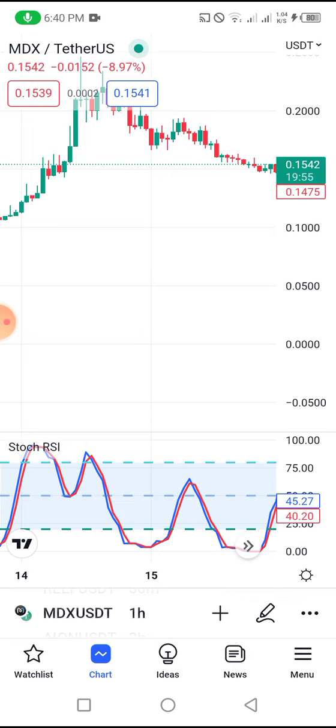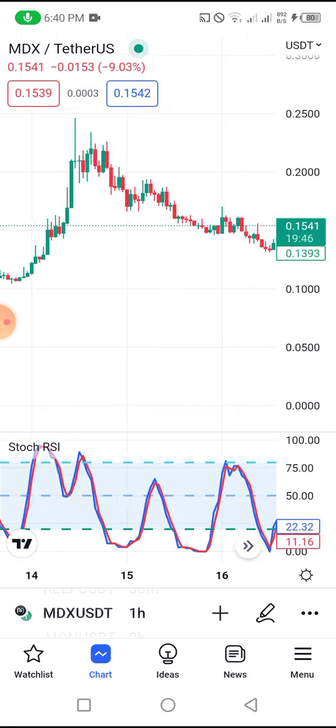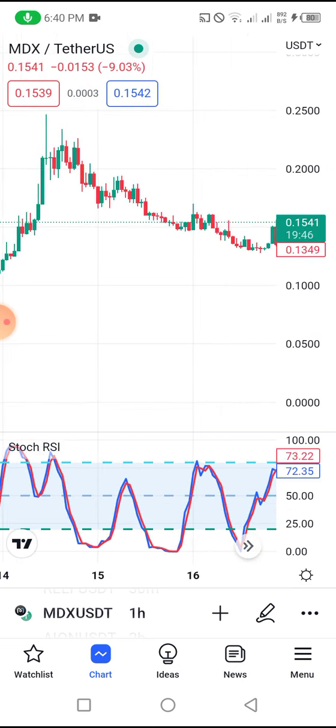And now this brings me to how you can identify an area of entry or an area of value using the stochastic relative strength index. It is pretty simple. When you want to analyze and determine an entry point using the stochastic relative strength index, just look out for a crossover.